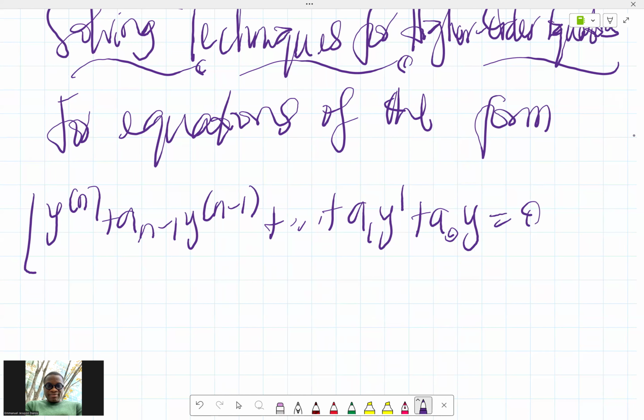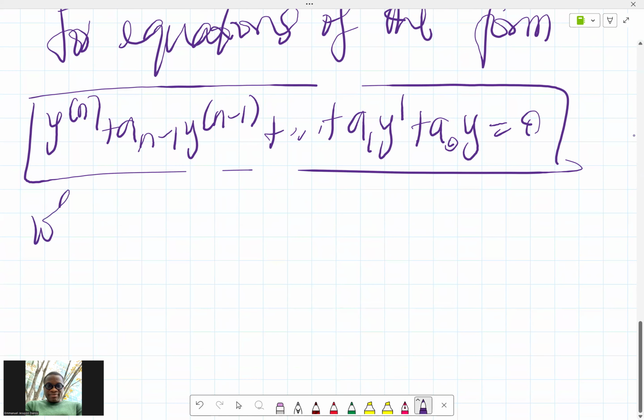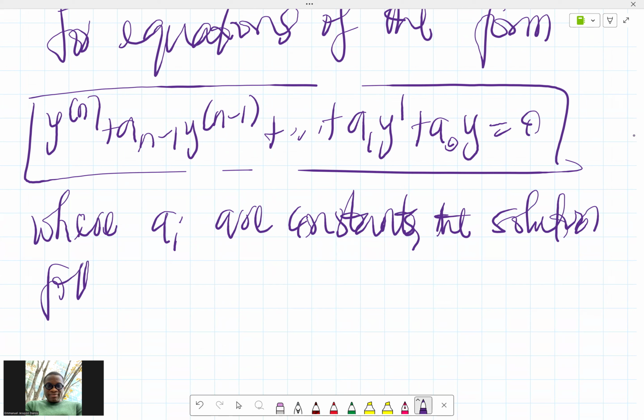Of course, this is clearly homogeneous because it is equal to 0. So for equations of this form, where the a_i are constants, the solution follows these steps.